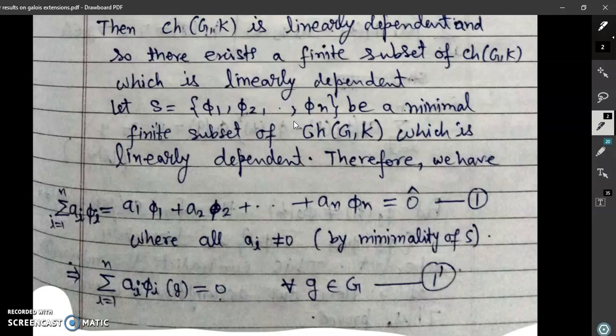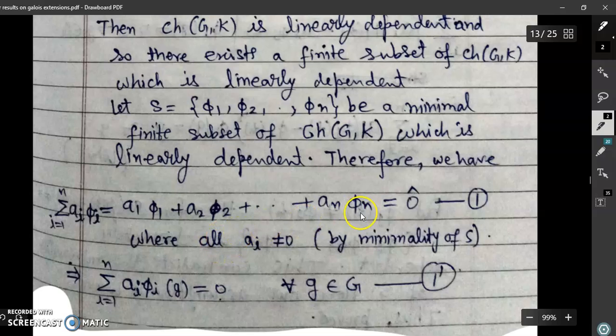So this contradicts the minimality of set S. So by minimality of S, if a1 phi 1 plus a2 phi 2 plus ... plus an phi n is 0, then all of a1, a2, ..., an are non-zero. So you just remember this.